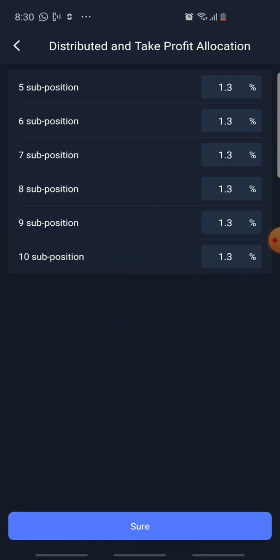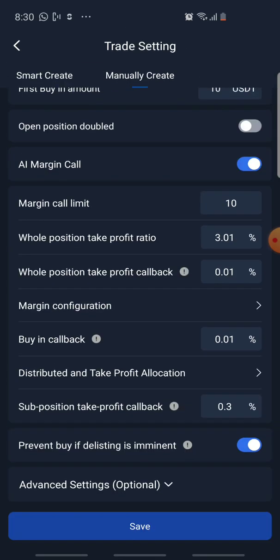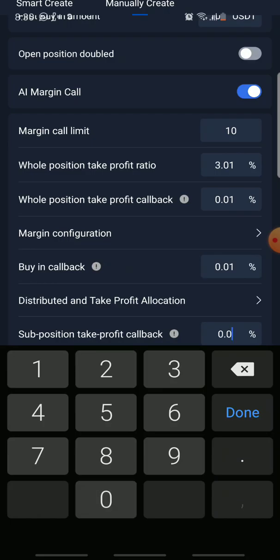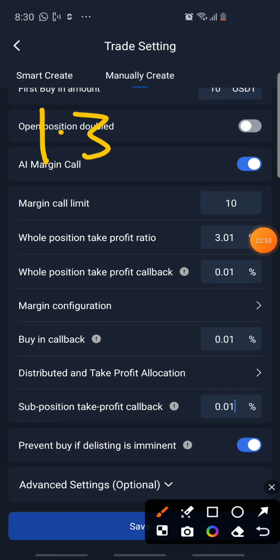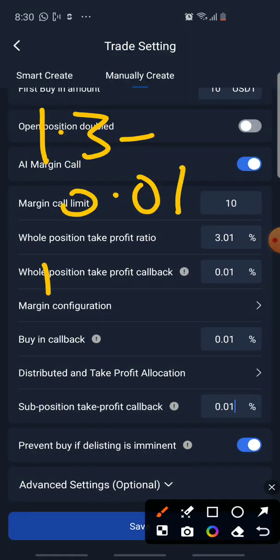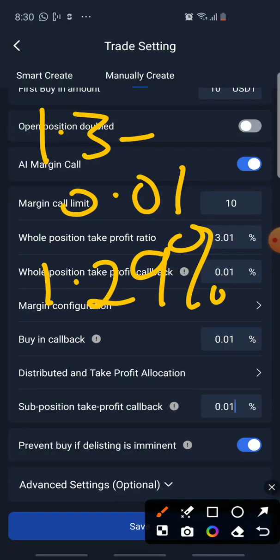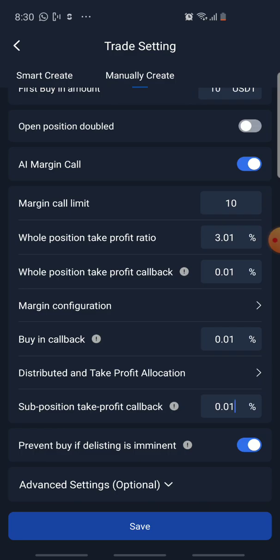For example, here is 0.3, but I can put 0.01 so that the bot sells immediately. So the overall profit will be 1.3 minus 0.01, so I end up having 1.29%. But the profit may still be above that, because if it reaches 1.3 and the market just continues to go up, the bot will allow you to collect extra profits.